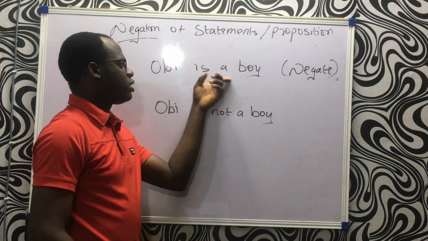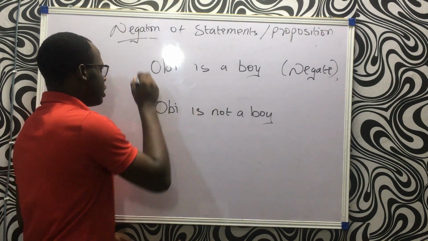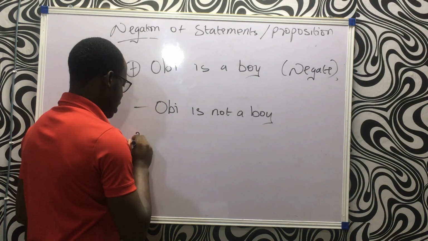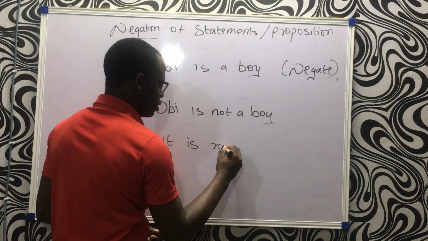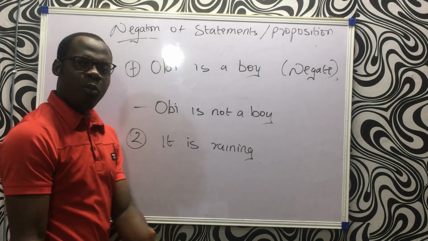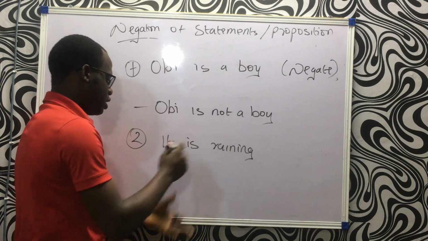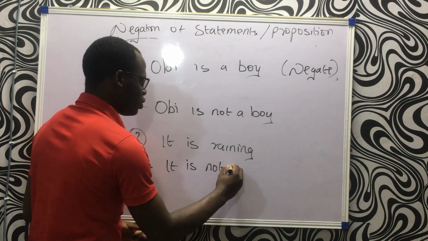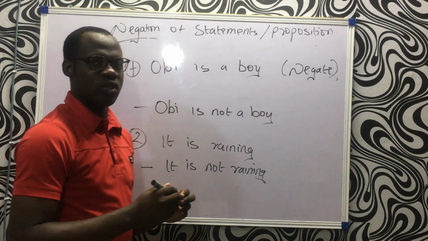The next example we had was it is raining. The opposite of this statement, the negation of this statement, becomes it is not raining.